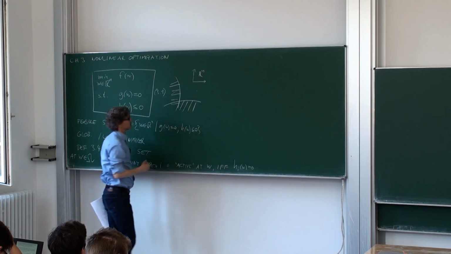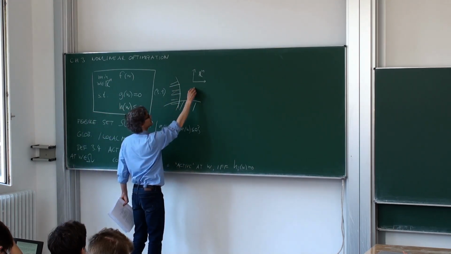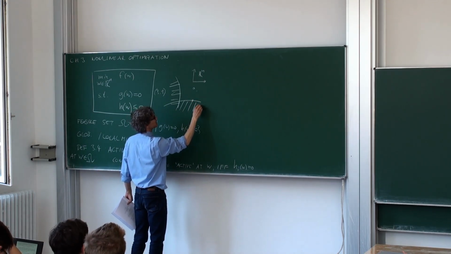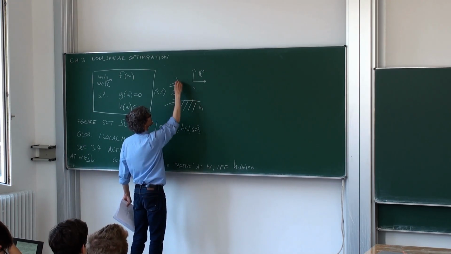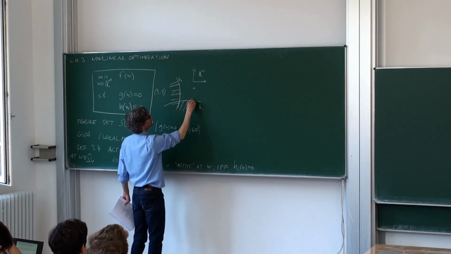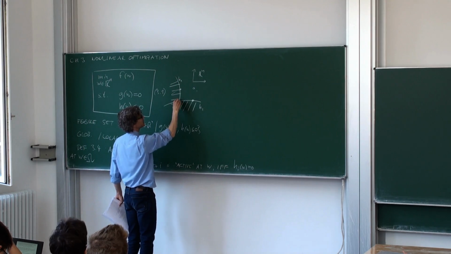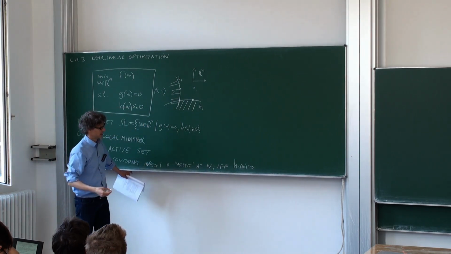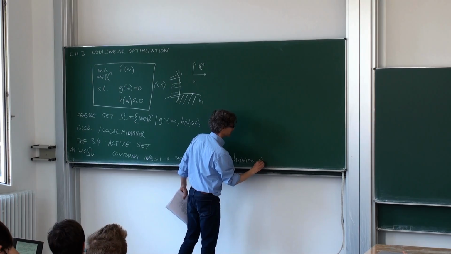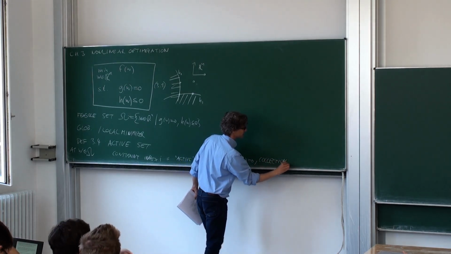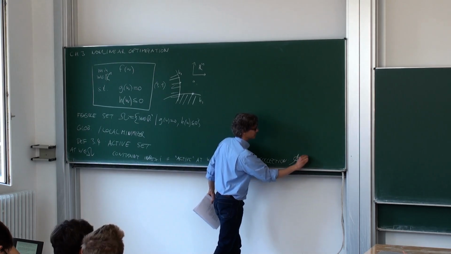And these could be two inequalities, and if you are at this point, then you would not have any active inequality. If you're at this point, then let's say this has the index that could be h2 and this could be h1. Then at this point we have index 2 active, at this point we have index 1 active, and at this point we would have 2 active. And the collection of all active indices at some point is called A(w).